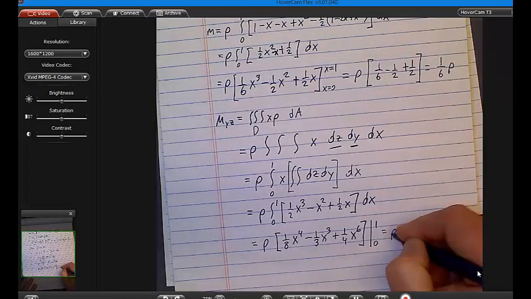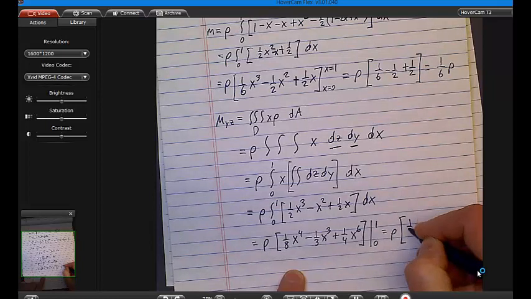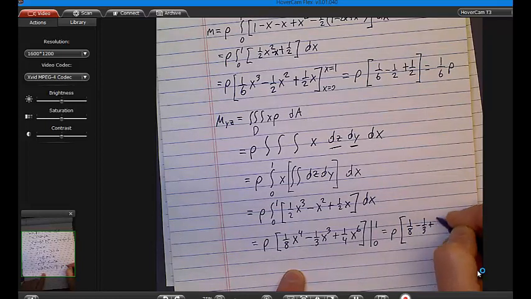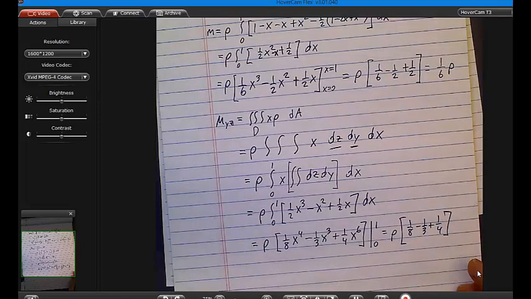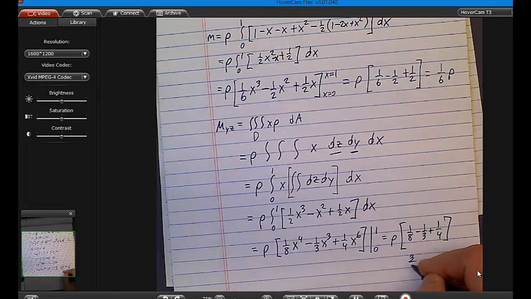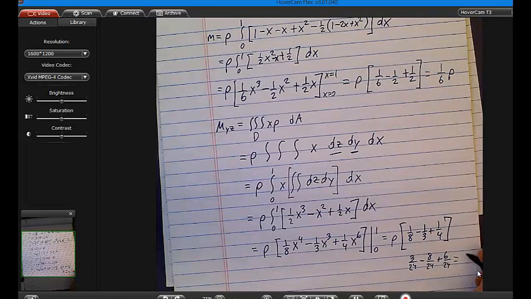So we get rho times 1/8 minus 1/3 plus 1/4. Sounds like some 24ths, right? 3/24 minus 8/24 plus 6/24 equals 1/24 of rho. All right.